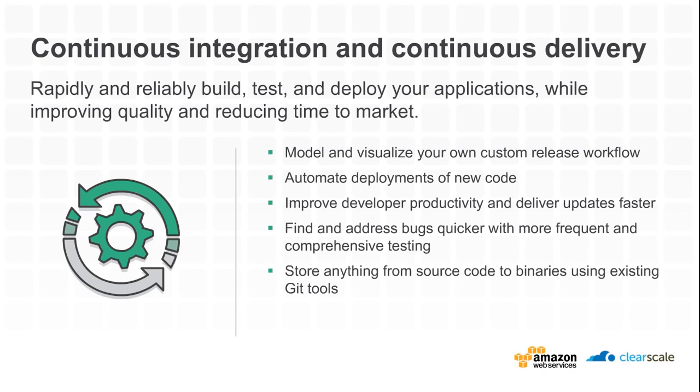Finally, addressing bugs. I think this is an important aspect because now, in the delivery pipeline, you have complete visibility into what's happening and where the bottlenecks are in terms of bugs or runtime errors, and you are taking proactive action through the testing cycles. And finally, they store anything from the source code to binaries in the existing Git code repository.